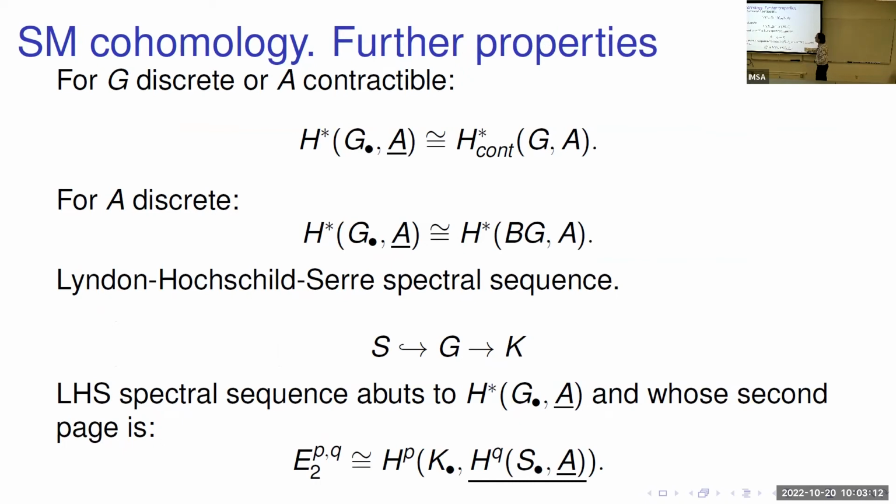So for example, whenever G is a discrete group and the group A is contractible, say the reals, or we can just take simple continuous cohomology chains. If the group on the right-hand side is discrete, then we can just classify the group on the left and then just take standard simplicial cohomology.